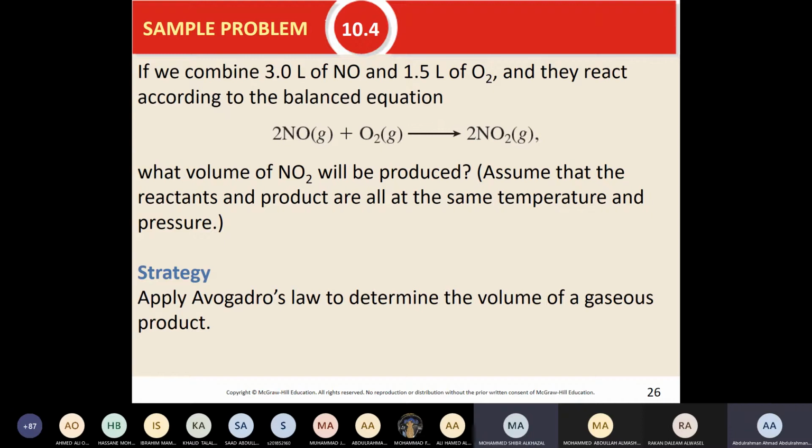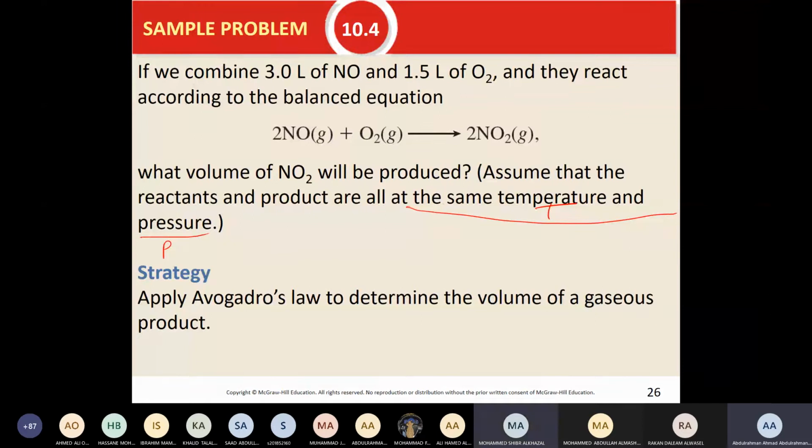Very quickly, if I have this reaction at constant, okay, here we have all the same temperature and pressure. What does that mean? It's constant. I can relate things by constant P and T. So I can do Avogadro's law here.